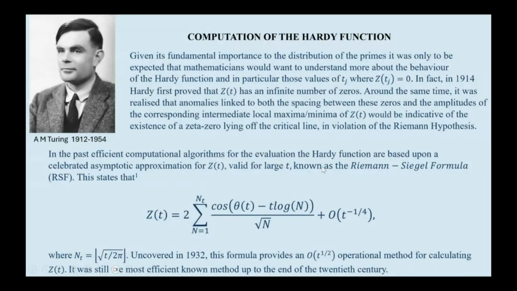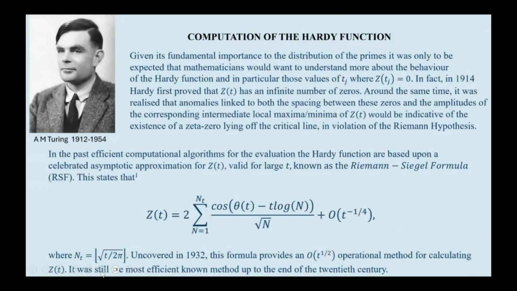For many years, indeed up to the beginning of the 21st century, the most efficient method of calculating Z(t) was what's called the Riemann-Siegel formula. It basically states it's just a sum of cosines. The cosine argument is a real number, t is a real number, its logarithm is real, divided by the amplitude, the square root of n, multiplied by 2, and then there's a small correction term.